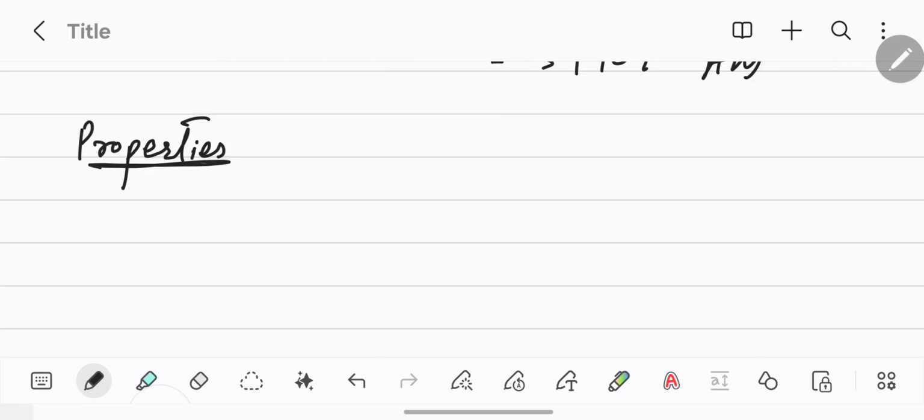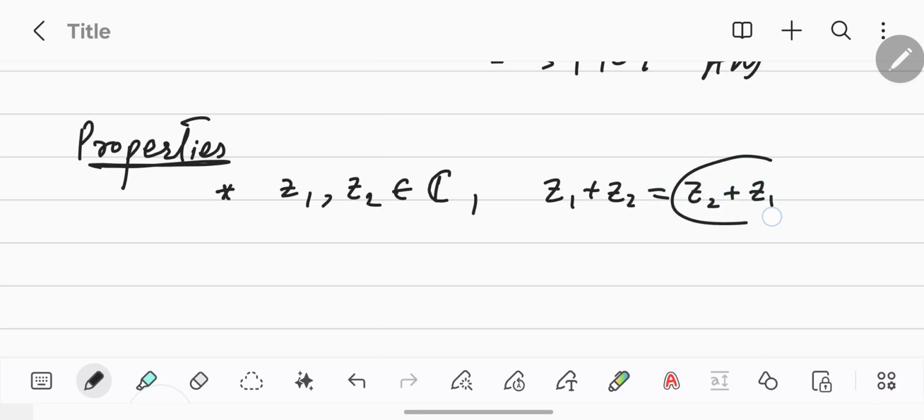Okay. So there are some properties of the complex numbers. If z1 and z2 are complex numbers, for the set of complex numbers, I use this notation C, okay? The first property is either you add z1 into z2 or you add z2 into z1, you will get the same answer, okay?